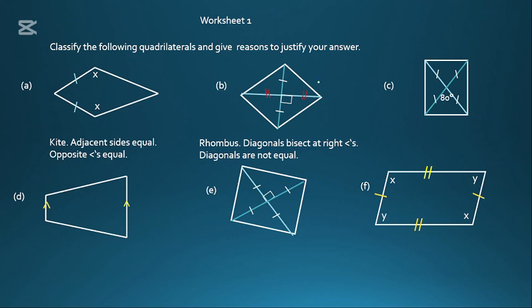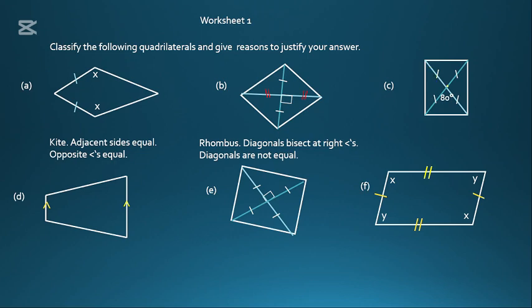Then we have C. Now we first look at the diagonals here. The diagonals are equal, so this can be a rectangle or a square. Now why is it not a square?